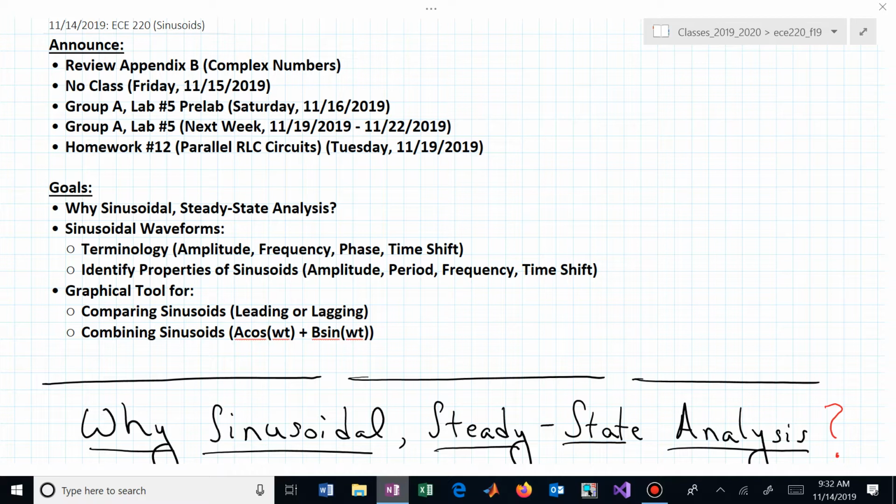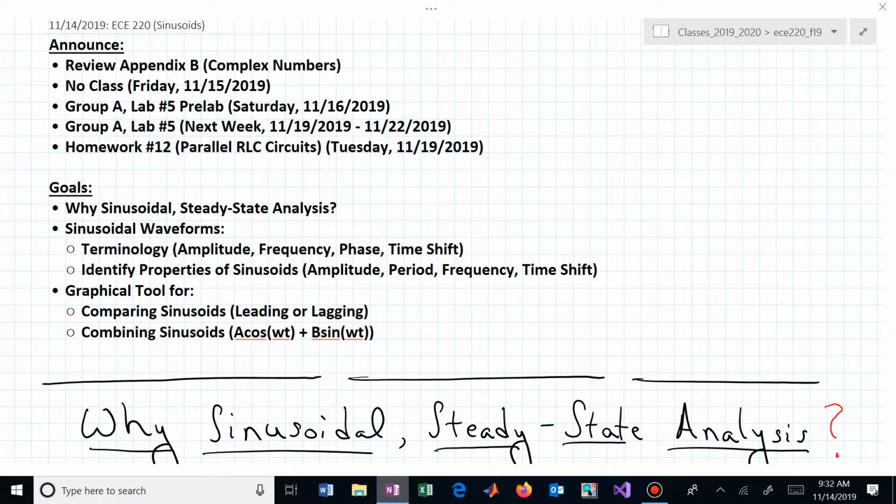Before we start playing with impedances like you do in Lab 5, let's just try to get comfortable with sinusoids, the terminology. I think you're familiar with most of that, but leading and lagging will be important in the next class, and we'll talk about it here in this class and hopefully give you a graphical way to think about how might I combine a cosine waveform of the same frequency as a sine waveform without having to go through all the trig?